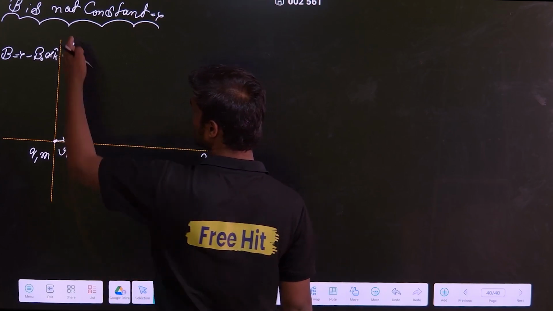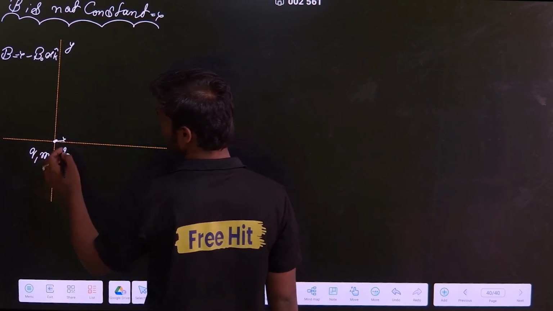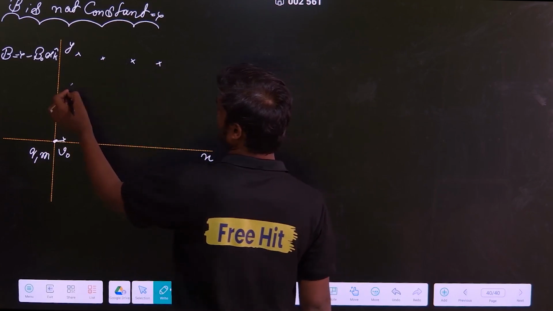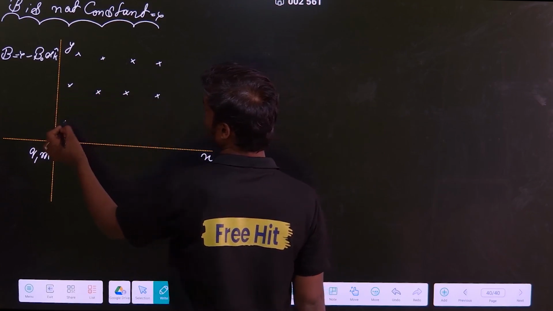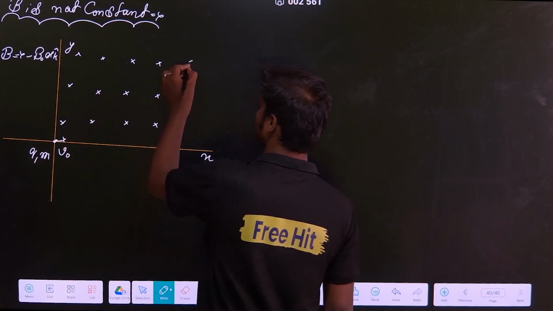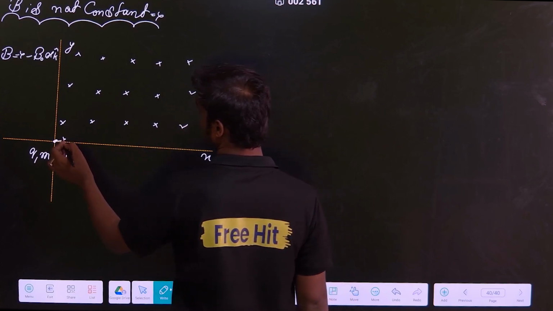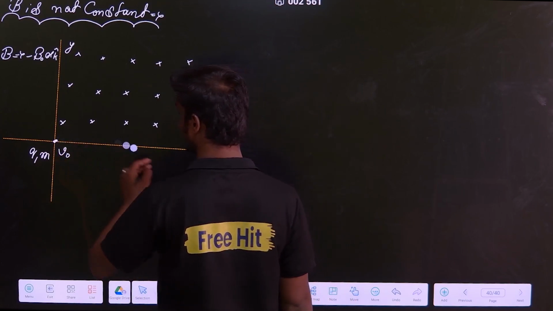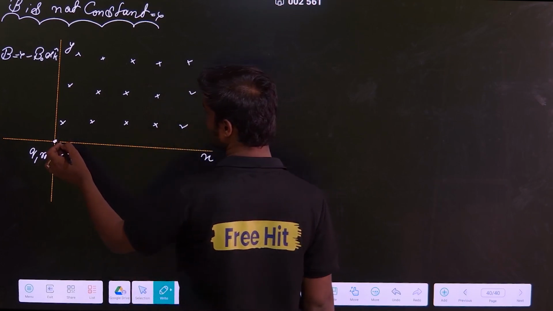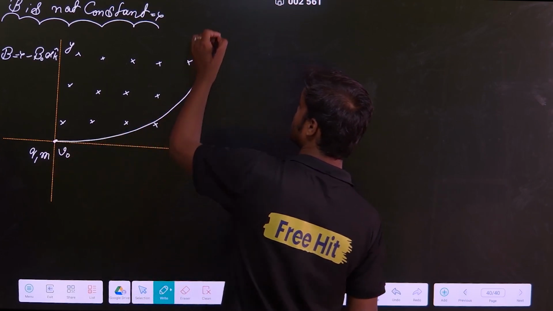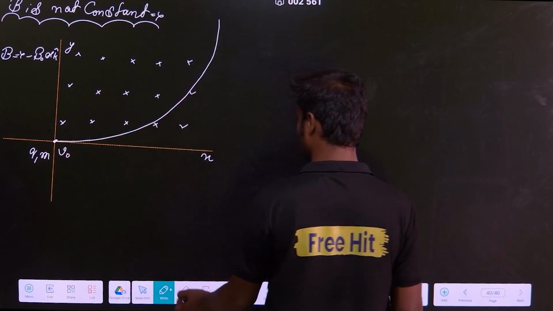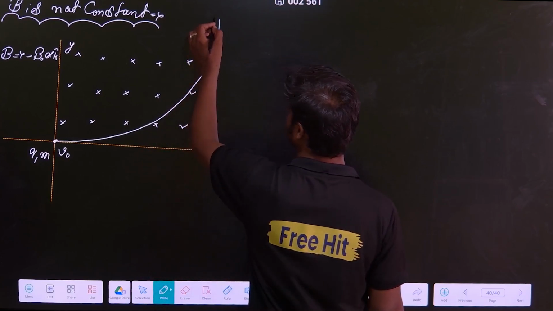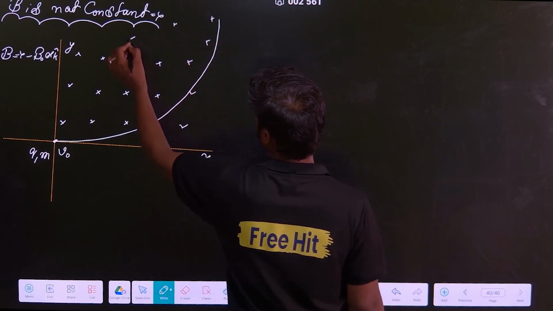If this is x, this is y, this will be z, so it is in minus k cap, means it is inside. So if you talk about the path of the particle, we have a force at every point, and this force is not constant, it is changing. So the path will be something like this.